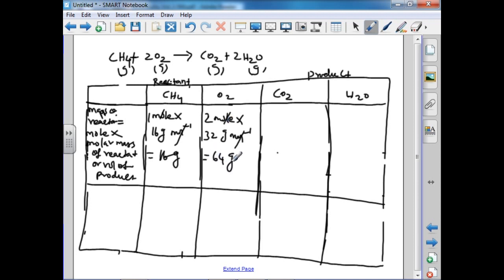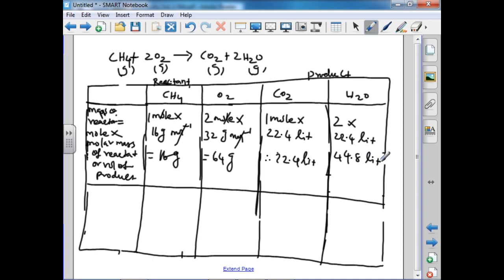Next, the product in volume: 1 mole multiple with 22.4 liter equal to 22.4 liter. The next one is number of mole of water 2 into 22.4 liter, so 44.8 liter.